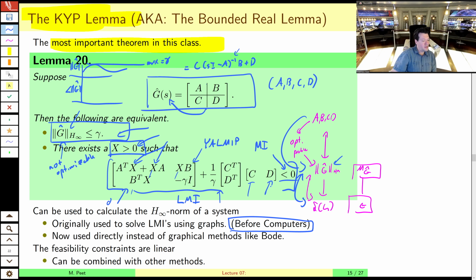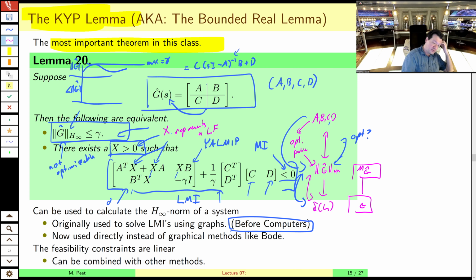So, how does this work? What allows us to take this transfer function representation and convert it to an optimization problem on the system representation? And of course, if you've been paying attention in the previous lectures, you could already guess the answer. X represents a Lyapunov function, which is going to tell us something about the system properties.